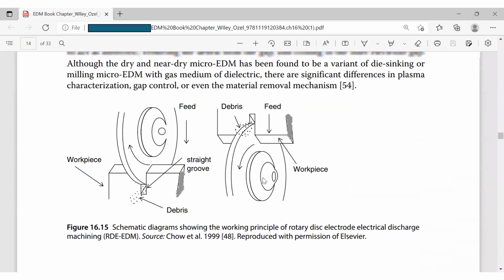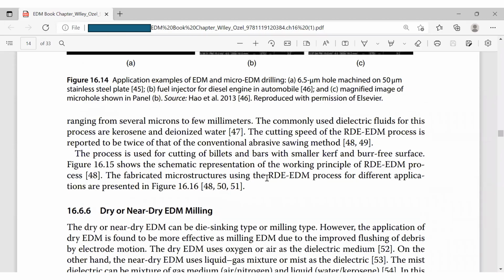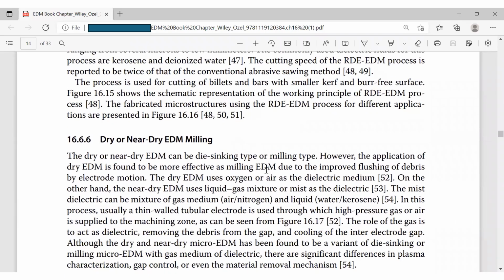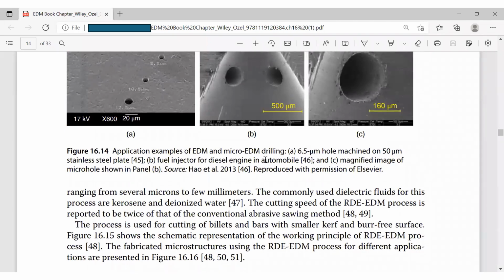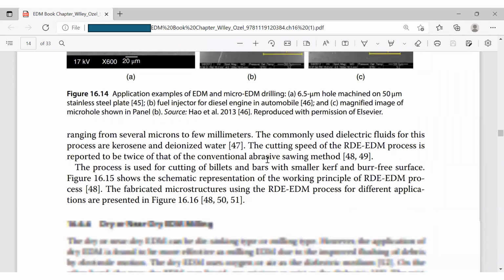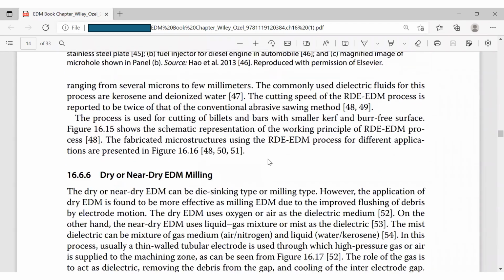So this is our fourth one. The next one, let's say, die sinking EDM, milling EDM, and EDM drilling, and this is RDEDM. And then this fifth one, we have dry or near dry EDM.